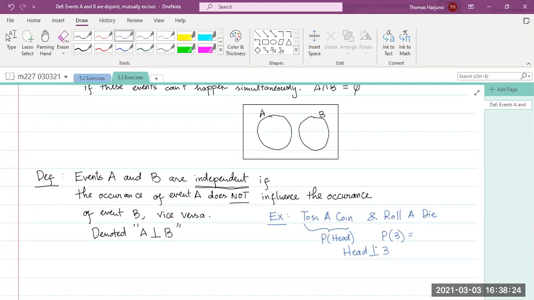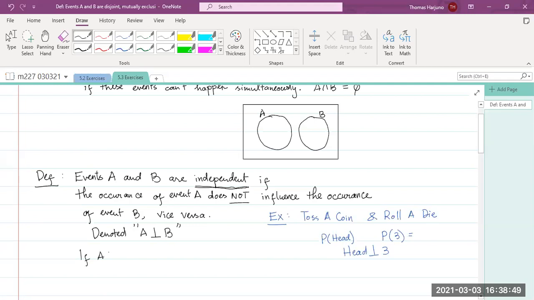If probability of getting 3, knowing head or not knowing head are the same, then it means doesn't matter, you know it's head or not, it will be the same, right? They're just independent. Okay, now then what if two events are independent?